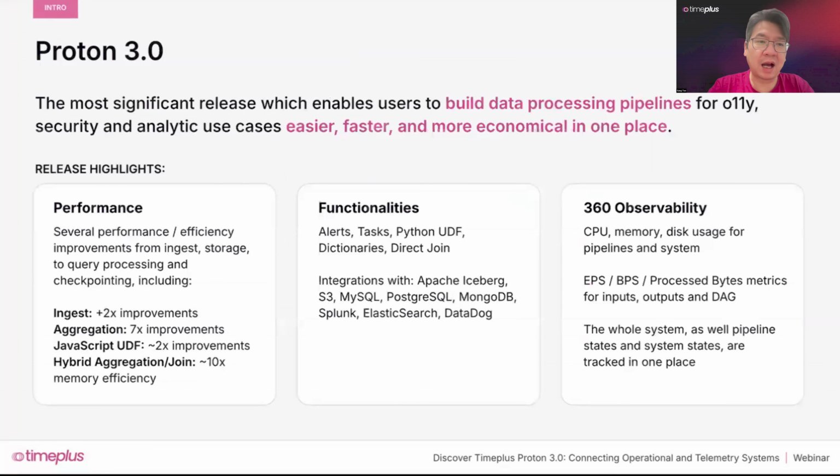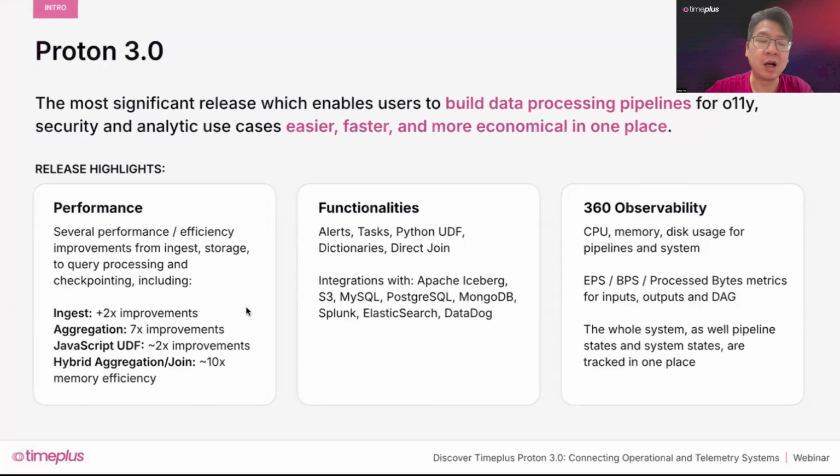Here are some highlights about Proton 3.0. It is the most significant release we have to enable our customers and users to build data processing pipelines for observability, security, and analytics use cases. Here's something I want to share about performance.